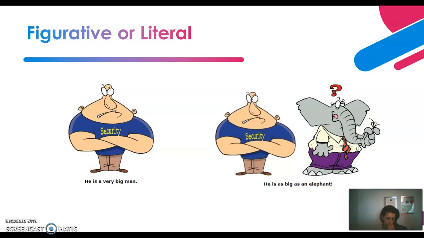Maybe they mean that he's as tall as one, or the other way around. And actually, is that even possible? Can a human being be as tall as an elephant? Yeah. And our team thinks he is a very big man, is the literal one, as maybe the security guard is extremely tall.